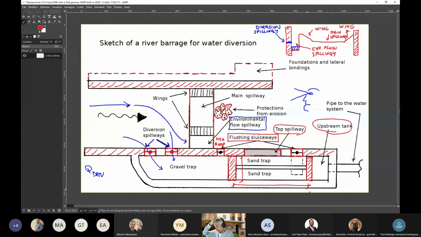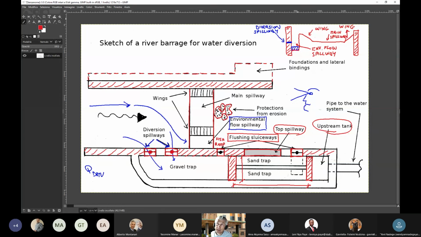Now, how to compute the size of the sand trap? This is something that we can discuss, and I said that we have a physically based method for estimating it. And first of all, let's give an order of magnitude.